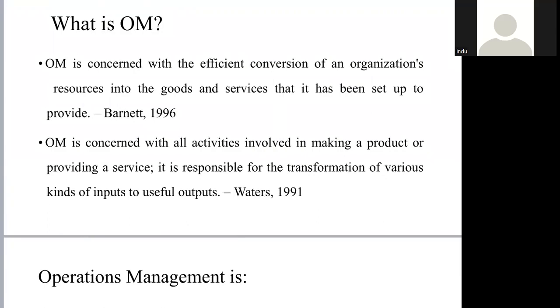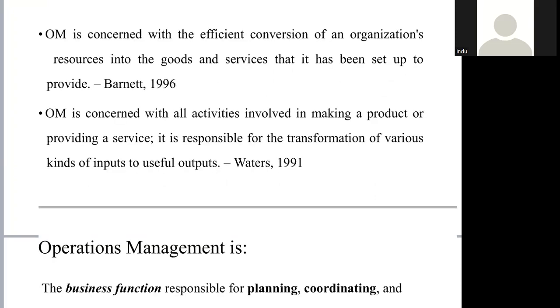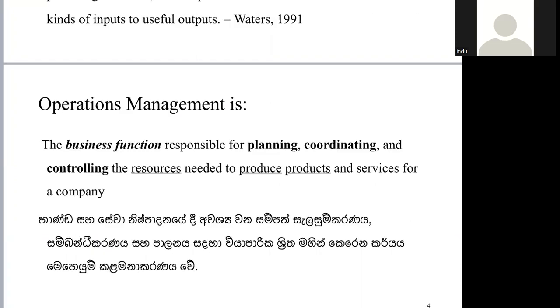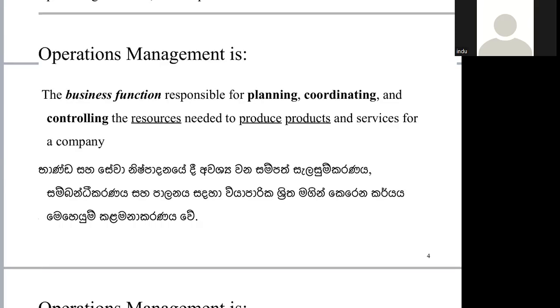According to him, OM is concerned with all activities involved in making a product or providing a service. It is responsible for the transformation of various kinds of inputs to useful output. So you can give one definition and also a brief explanation about it.